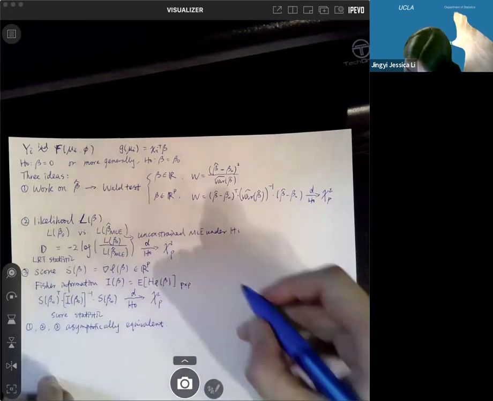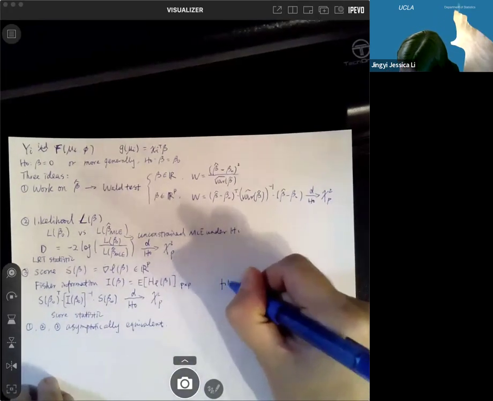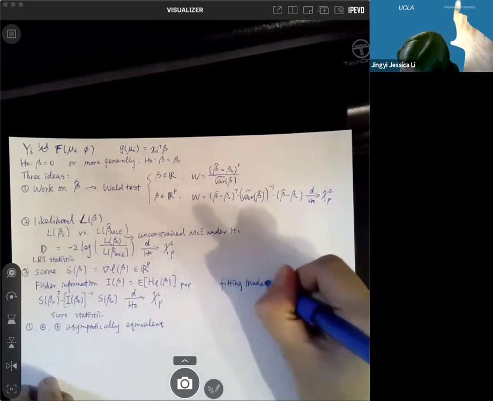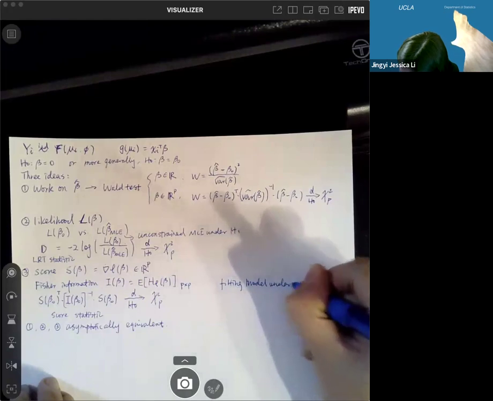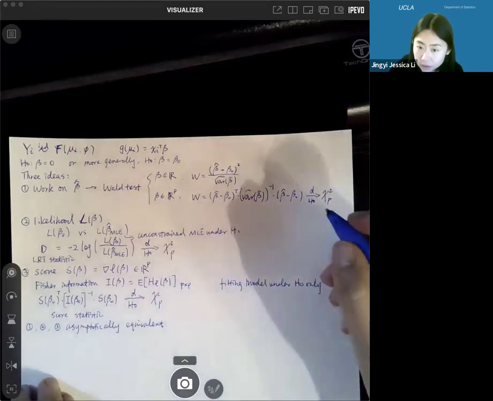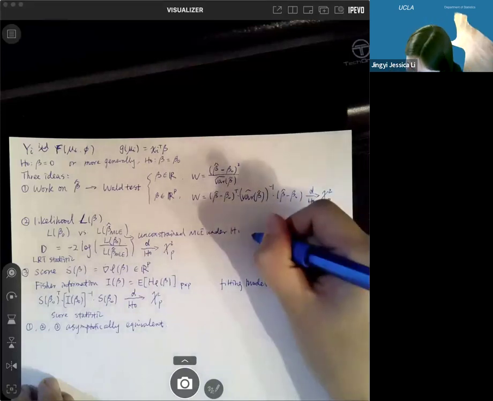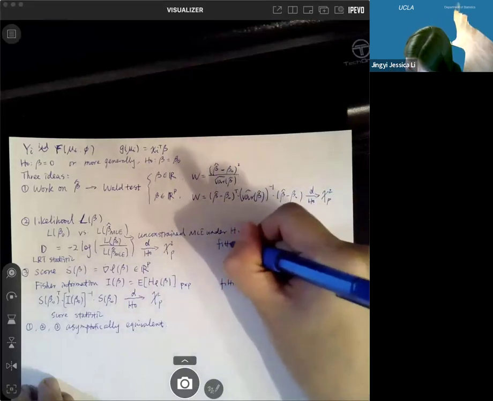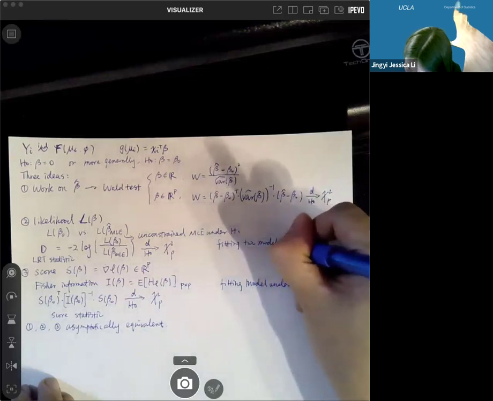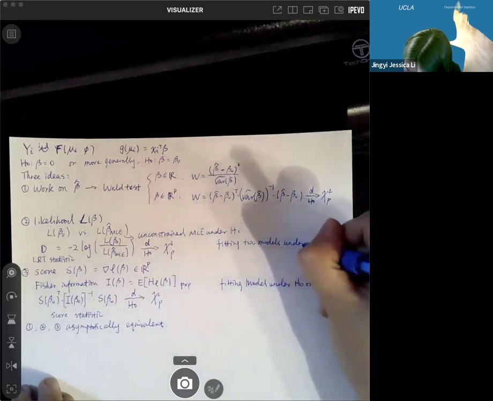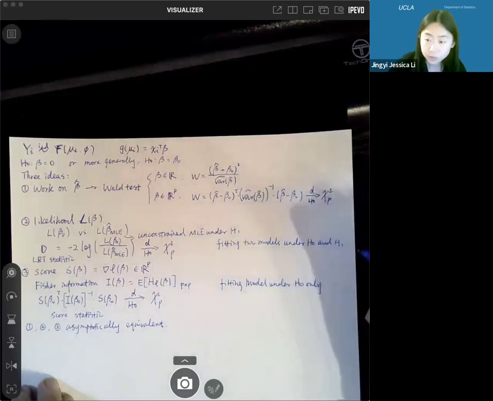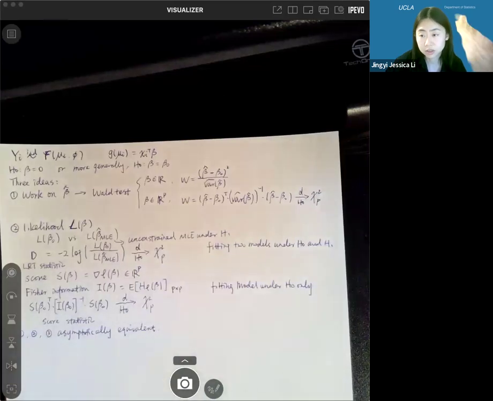So this is only fitting the model under H0 only. But for the likelihood ratio, you need to fit two models separately under H0 and H1. That's what you need for the likelihood ratio statistic.